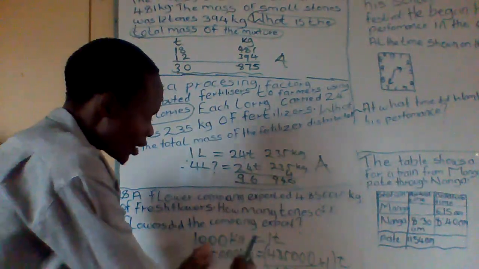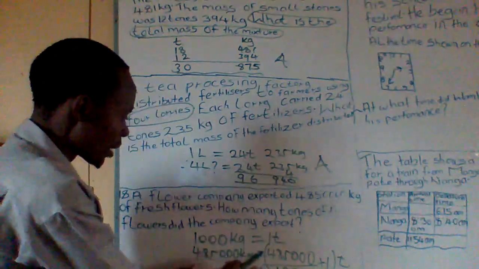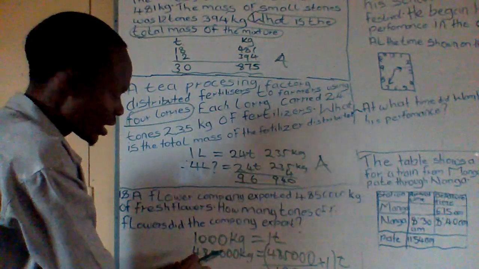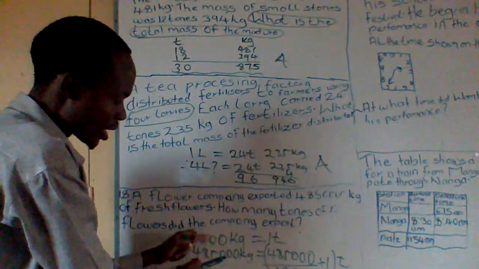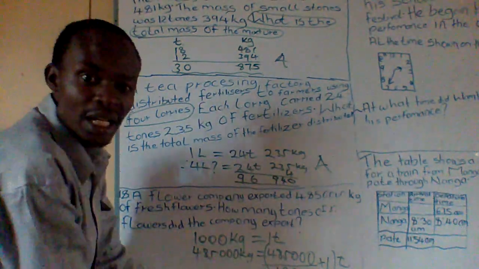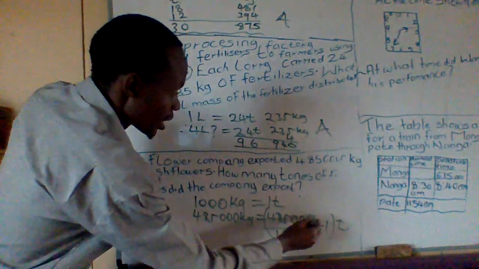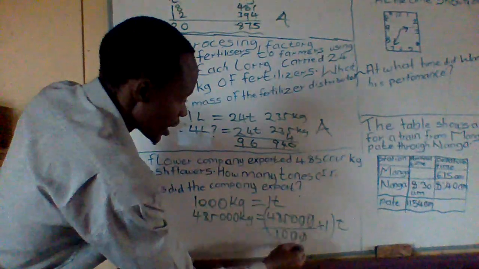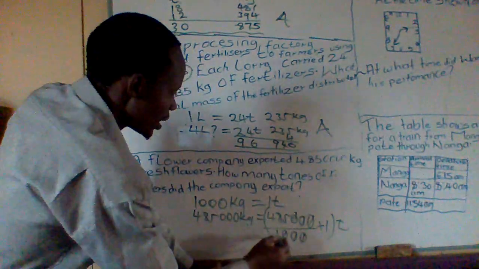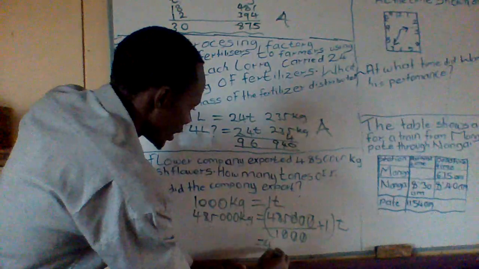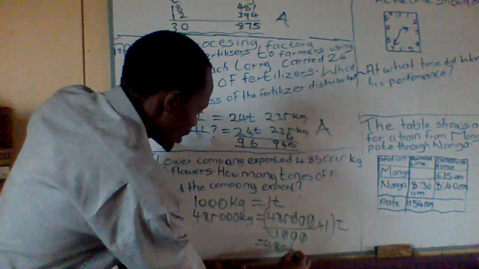So you arrange it like this, you start by the number you are writing first, then this one becomes the one you use to divide. Now, in this case, we don't have problems, because we are just going to cancel 0 with 0, and then we remain with 485 tons.